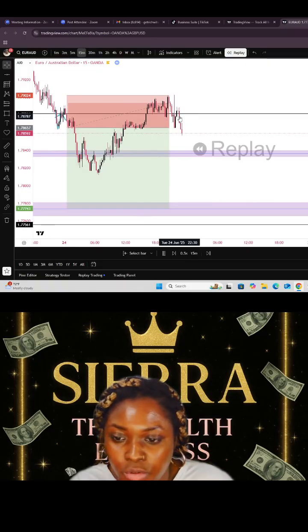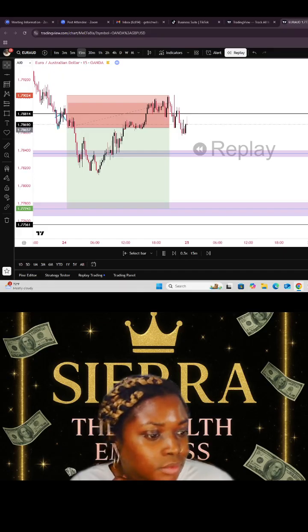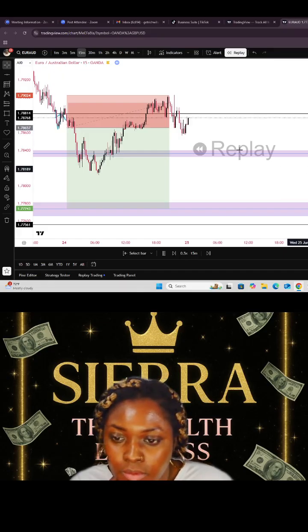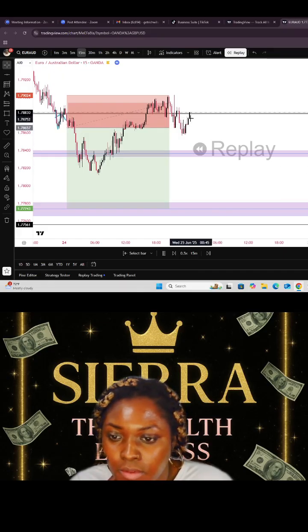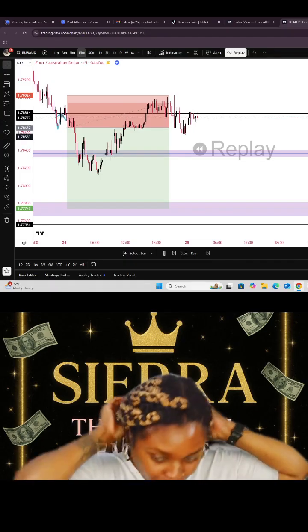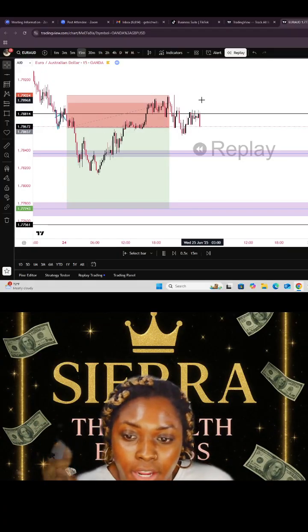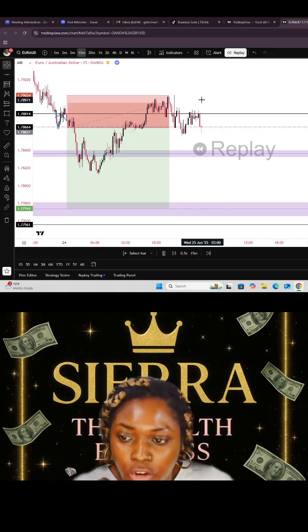It's now Tuesday Asia session. Let's see what it's going to do. It's Wednesday midnight. We can still use these same zones until Friday. Once price comes back outside of this area, the trade idea is no longer valid.